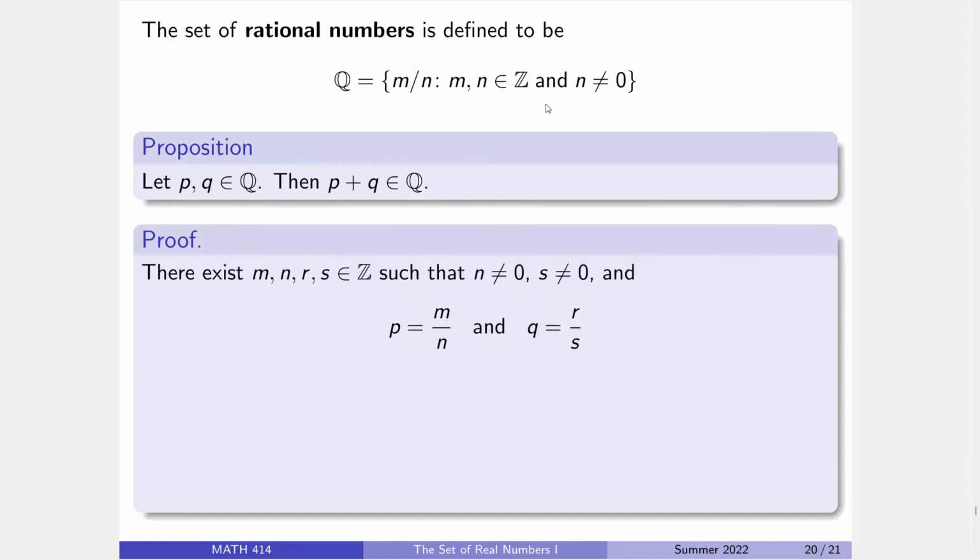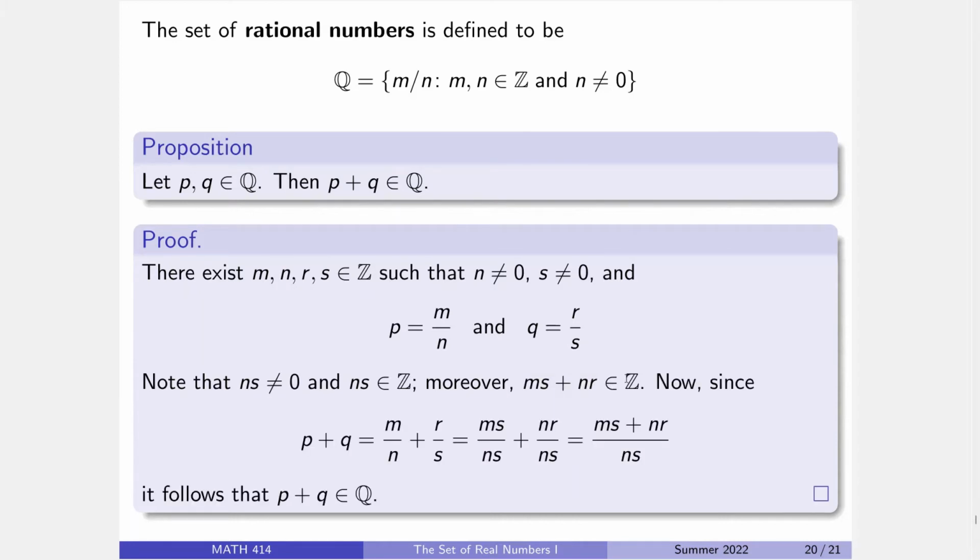You just manipulate the fractions, and note that the product of two non-zero real numbers remains non-zero, the product and sum of integers are integers, and fractions work the way that they've always worked. So note here I'm sneaking in s and s's multiplicative inverse, and here I'm sneaking in n and n's multiplicative inverse, and just combining them together. So again, the rules for addition and multiplication still work.